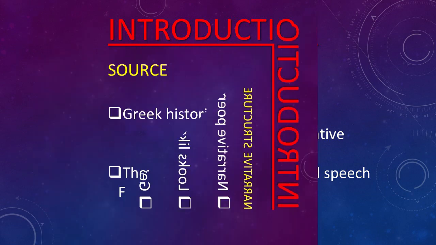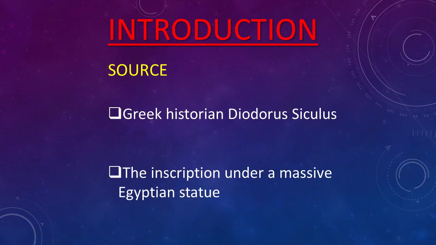Actually, this sonnet got its content from the Greek historian Diodorus Siculus, who wrote about a massive Egyptian statue quoting the inscription under it. So, Diodorus's work served as the source of the poem.